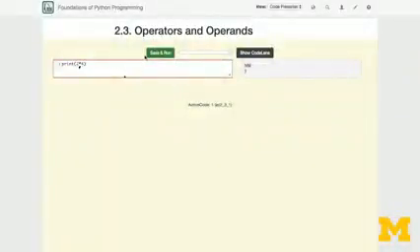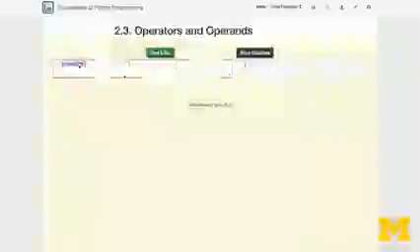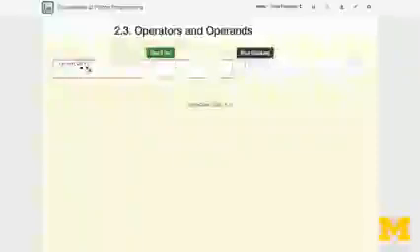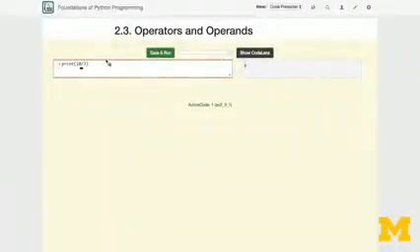So when we print out the value of the expression 2 times 4, then we get 8. There's also division. So when I print out 10 divided by 3, division is done using the slash symbol. And when I print out the value of this expression, it's 10 divided by 3, which is 3.3 repeating.